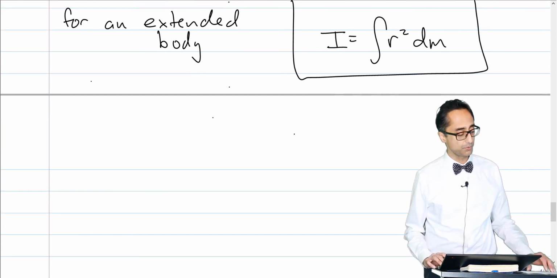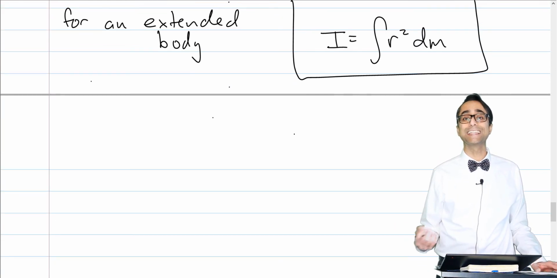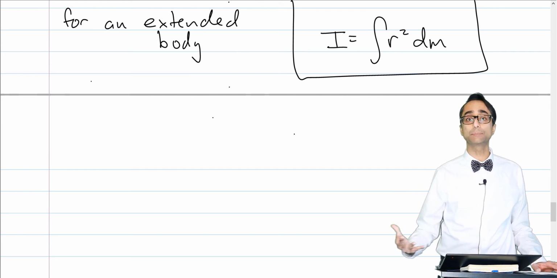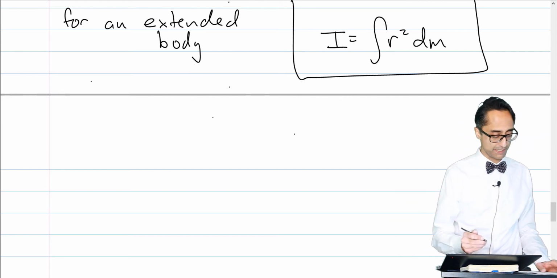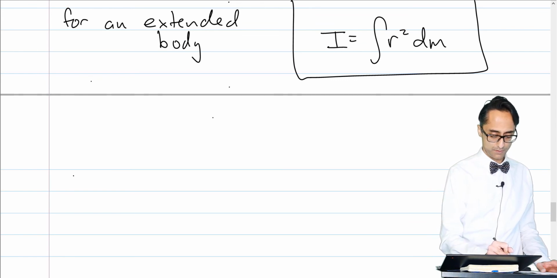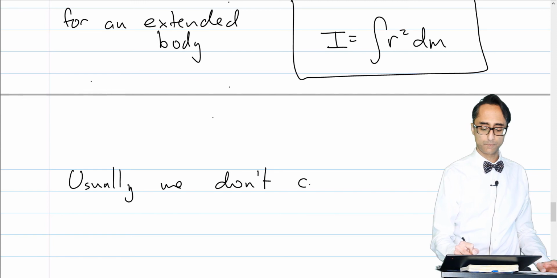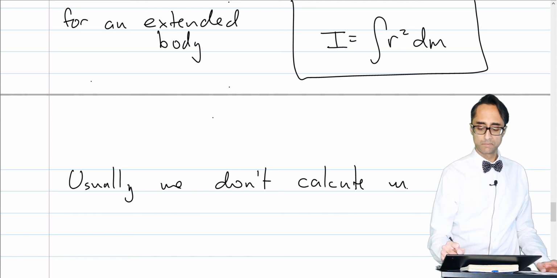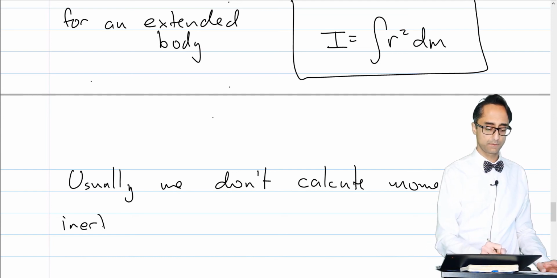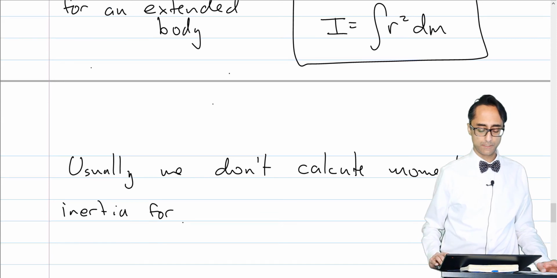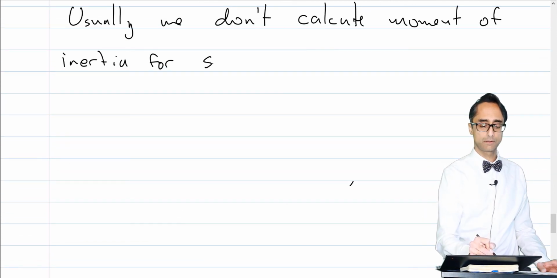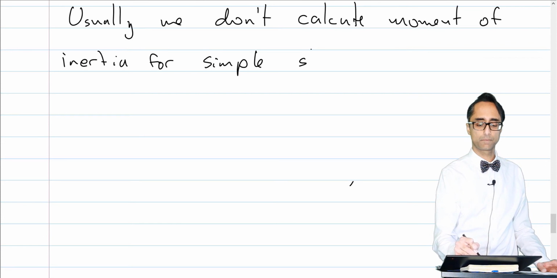What we often end up doing is using a formula that gives us the moment of inertia of a specific body. Usually in this particular class we don't calculate the moment of inertia for simple shapes like a sphere, but rather look it up.